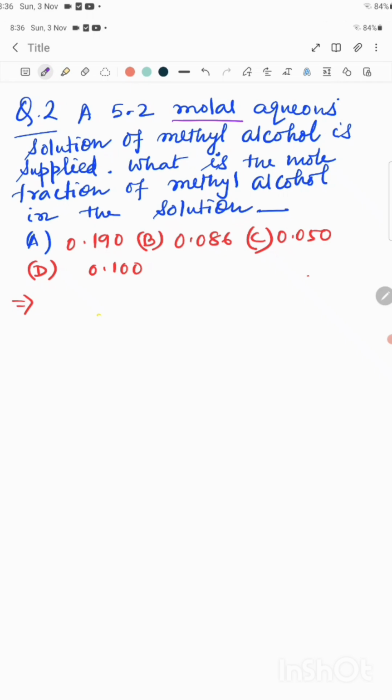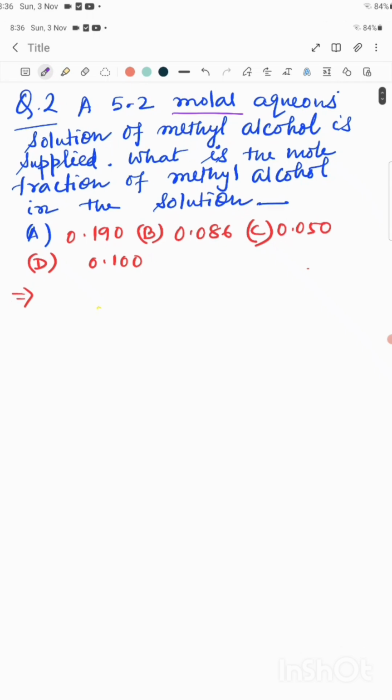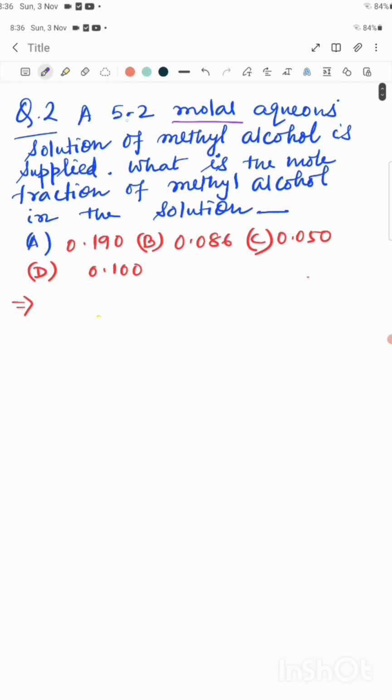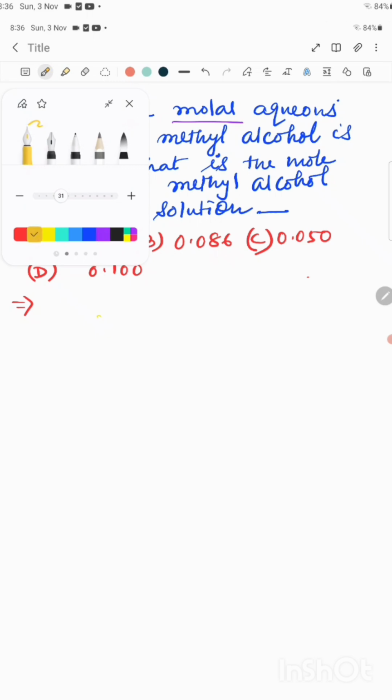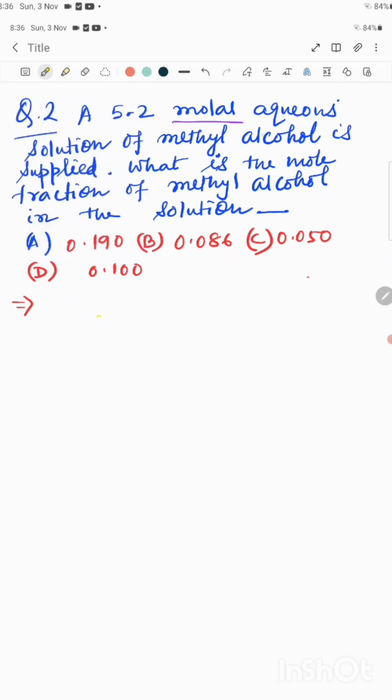So actually this question is an application-based question, where molality as well as mole fraction are both related with each other. First of all, what is the definition of molality? Molality means the number of moles of solute present in 1000 gram of the solvent. So here it is an aqueous solution. So aqueous solution means, what is the name of the solvent?